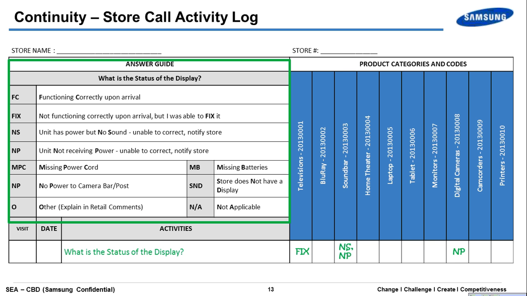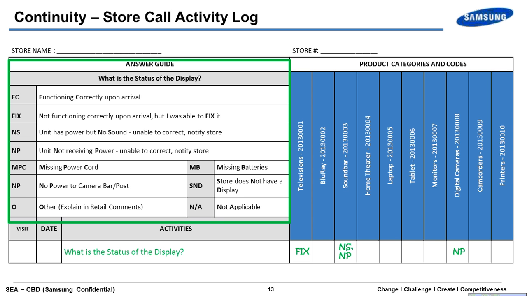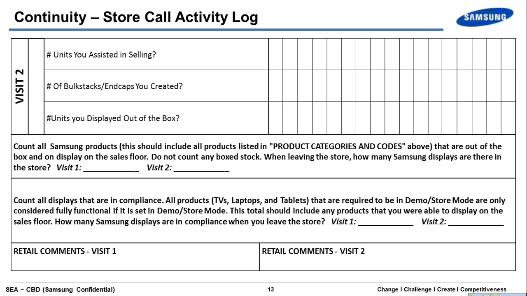I was working on it, and then I realized that there was no power, hence probably why there was no sound. So I wasn't able to fix it, but I did notify store personnel that we needed to get power run over there. Again, you would get the display status codes from the green section in the top left corner, and you can have multiple codes per section.